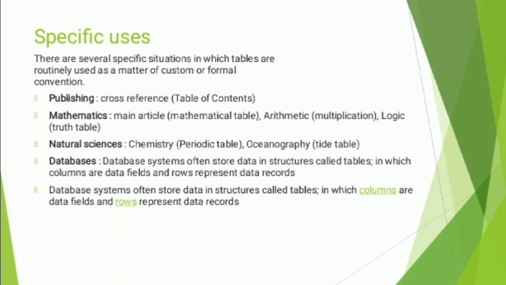Next, natural science: chemistry, periodic table, oceanography tables. And the last, database systems often store data in a structure called a table, in which columns are data fields and rows represent data records.